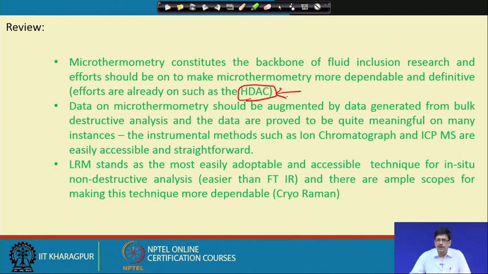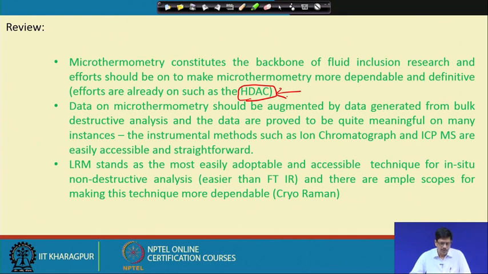For example, if we want to analyze copper, a base metal, a different type of detector is required, or if we want to go for the transition metals, a different type of column is required for the stationary phase. But then they still could be achieved without much problem in a laboratory to generate such kind of bulk destructive analytical data, like what is possible in an ion chromatograph.